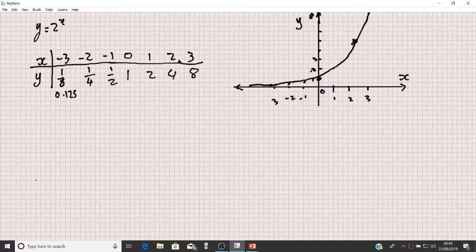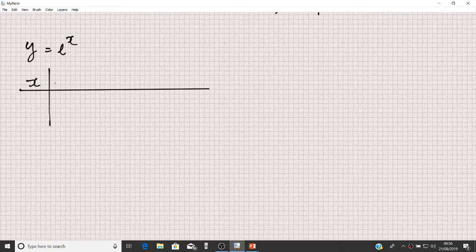We're looking for y equals e to the power of x, and our table is going to show a range of values for x: -3, -2, -1, 0, 1, 2, and 3, in a similar way to the previous example.